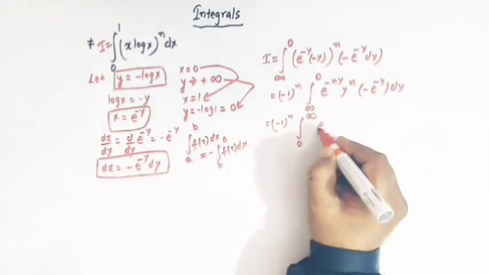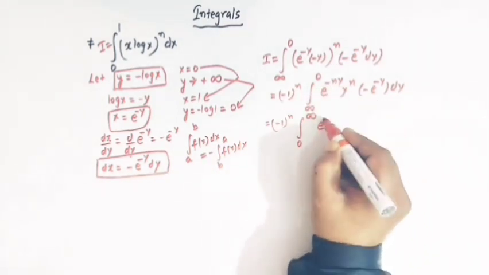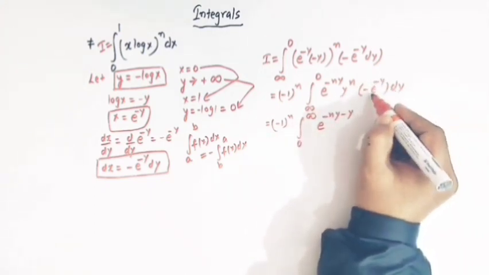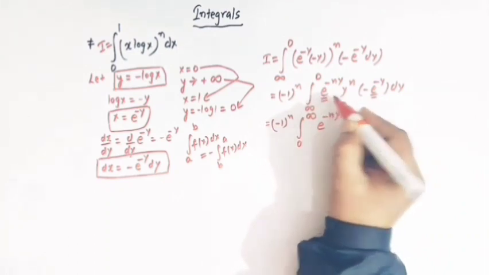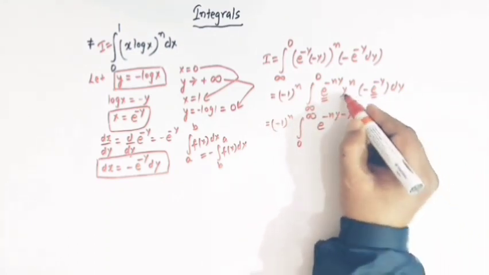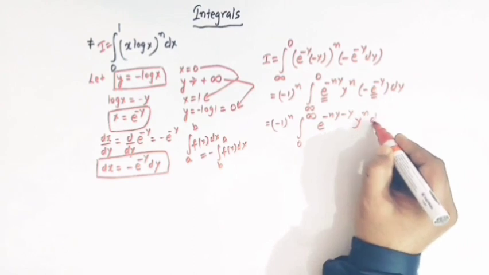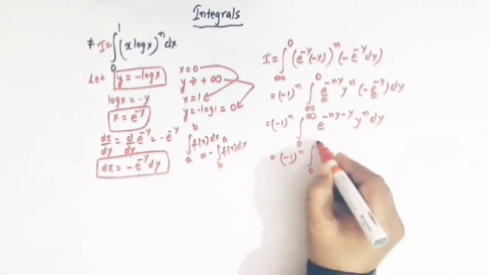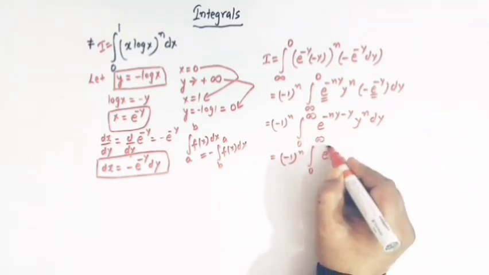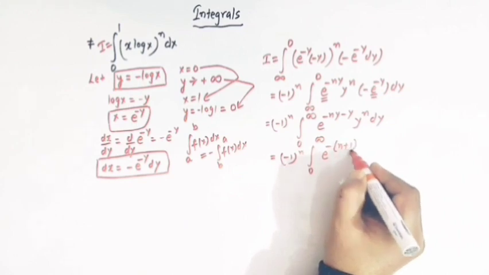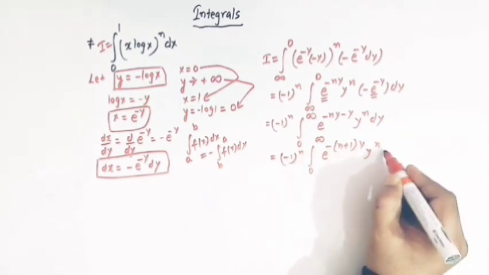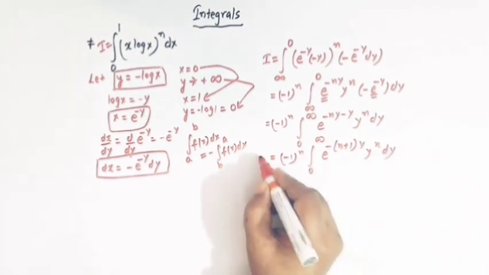So here we have e raised to minus ny, then e raised to minus y, because the bases are the same, and y raised to n and dy, right? So now we can write minus 1 raised to n, 0 to infinity, e raised to minus n plus 1 y, and then y raised to n, and then dy, right?